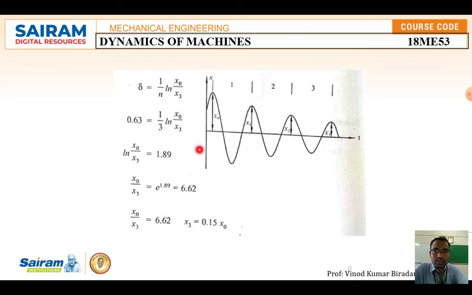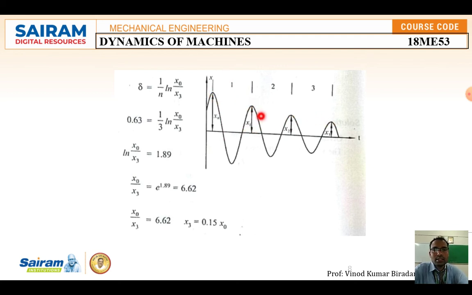So look at here, this is the graph of displacement with respect to time. Initially the vibration will come like this, and look here, a reduction in amplitude takes place with each cycle. So delta is the initial amplitude, then x1, x2, and so on, with a little reduction in the maximum amplitude each time.